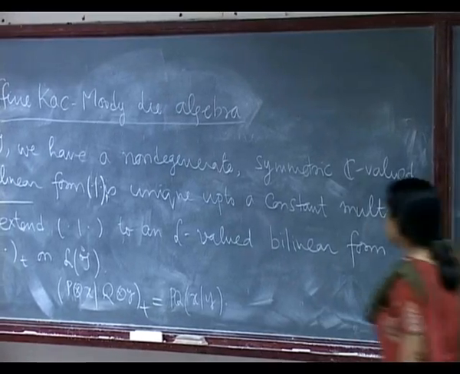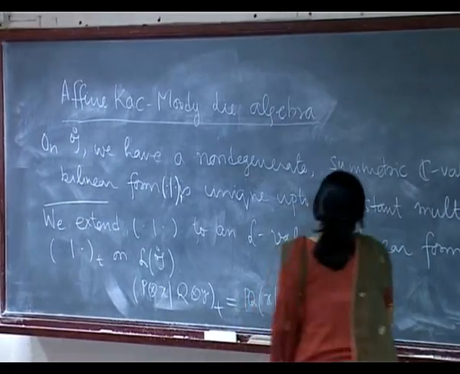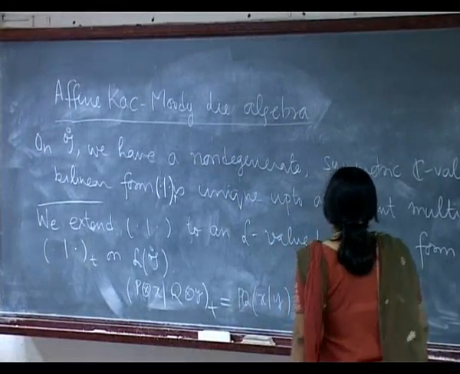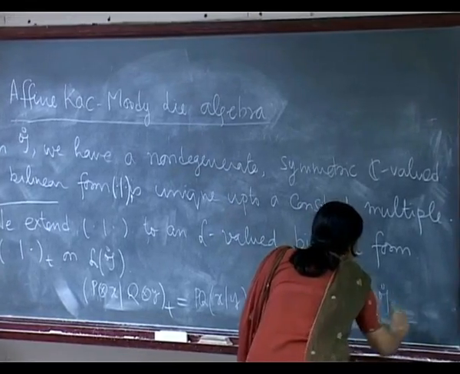So P and Q are elements from L, and X and Y are elements from G naught.